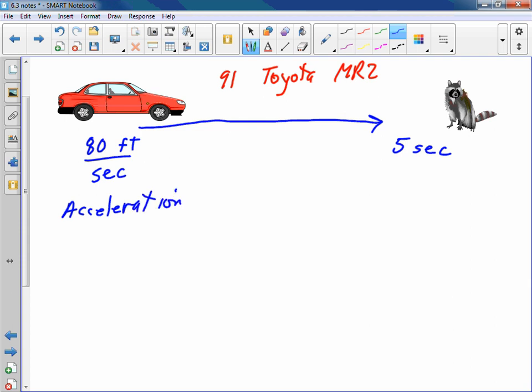Okay, so what is the acceleration? All right, well, we know that velocity equals the initial velocity, in other words, what he was going before he hits the brake, plus acceleration times time. And we know that v sub 0 was 80 feet per second before he hits the brakes.